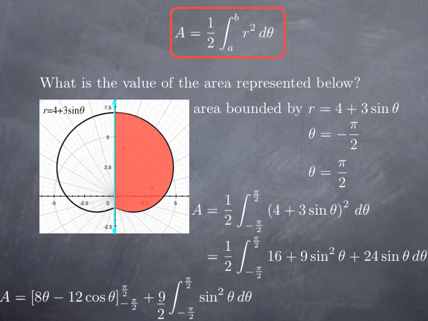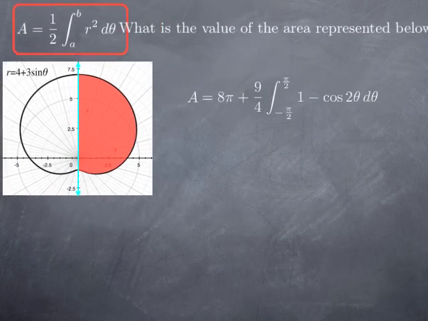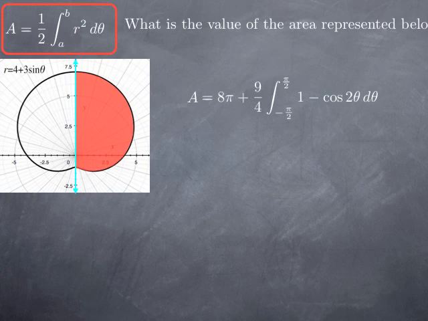The way to integrate the square of a sine or a cosine, we have discussed that before, is to use a double angle formula, namely that this sine squared theta can be rewritten as 1 minus cosine 2 theta over 2. And therefore what we obtain is 8 pi, which was the value of the function between brackets, plus 9/4 of the integral of 1 minus cosine 2 theta.